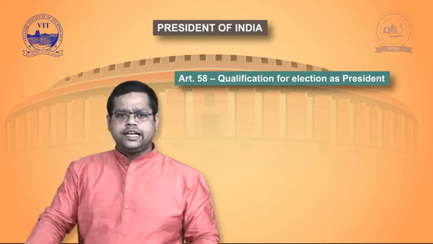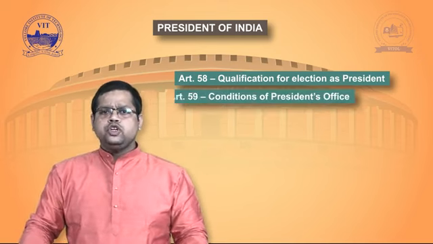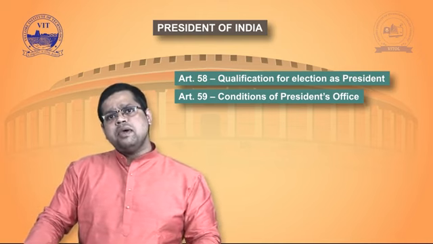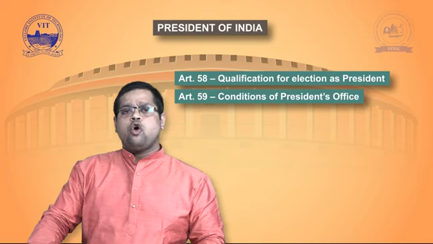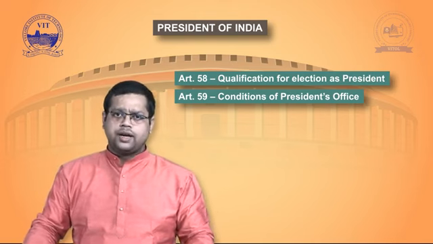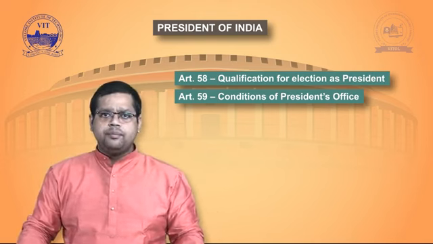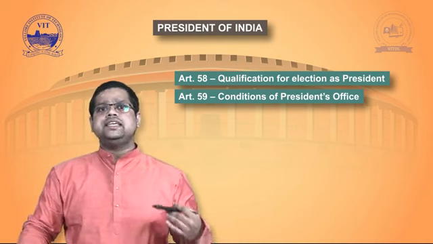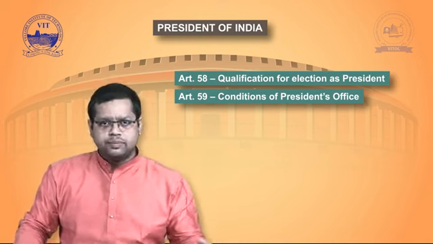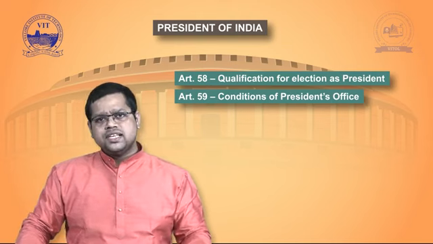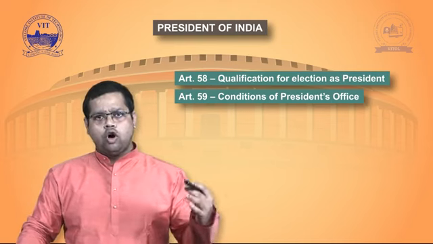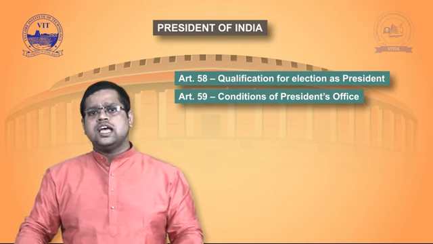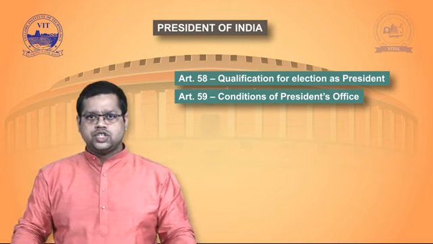This is Article 58. Then you have Article 59, which says that a person who is a member of the Legislative Assembly, the Lok Sabha or the Rajya Sabha is not permitted to simultaneously stay as the president. So the moment a person is elected as the president, he loses his post as a member of the Lok Sabha or the Rajya Sabha.